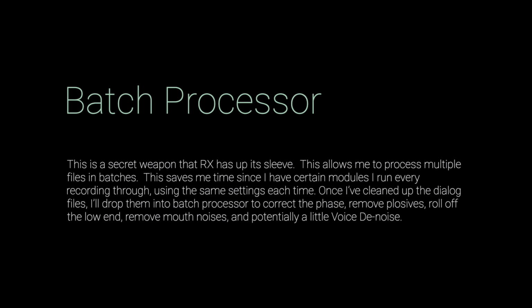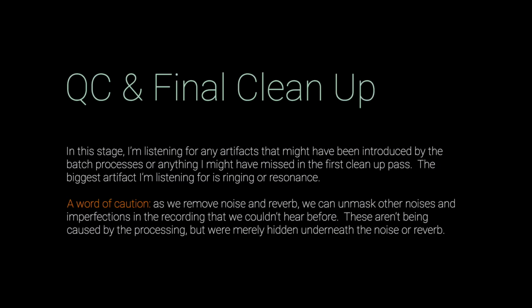Once batch process is done running, I'll open the new files in RX and do any additional work that might be needed. And this is where that mental list I made a couple steps ago comes into play. If everything was good, I'll just listen to the batch processed files, make sure nothing is out of the ordinary.